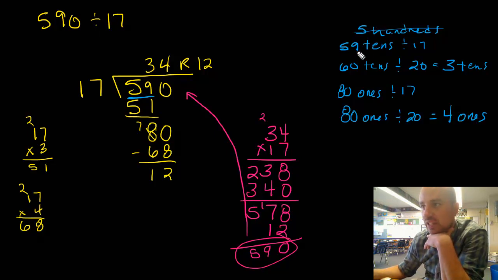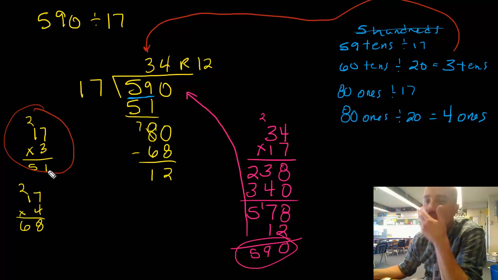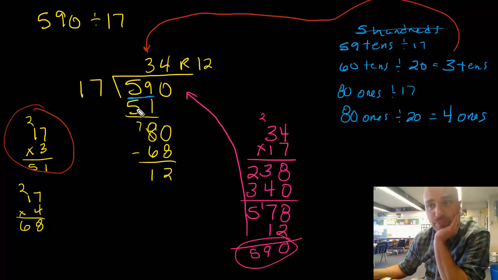We did 59 tens divided by 17, which we rounded and estimated as 60 tens divided by 20, which gave us 3 tens. We took those 3 tens, we put them in, and then we multiplied 17 times 3 tens to get a product of 51.